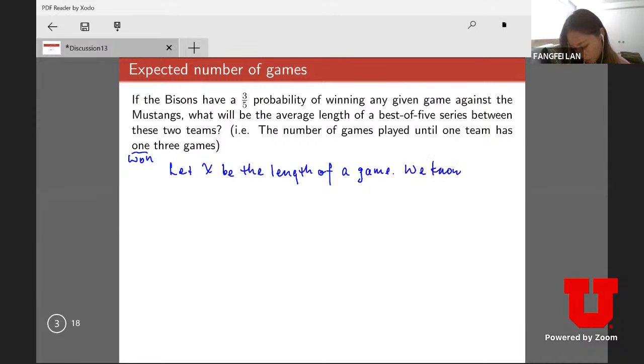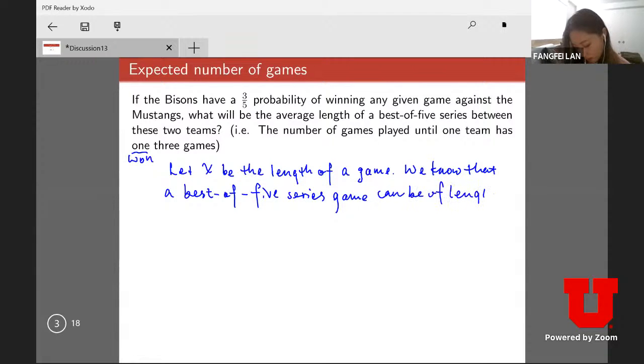We know that a best of 5 series can be of length 3, 4, or 5, right? So that's the first step. So then E of X is what?